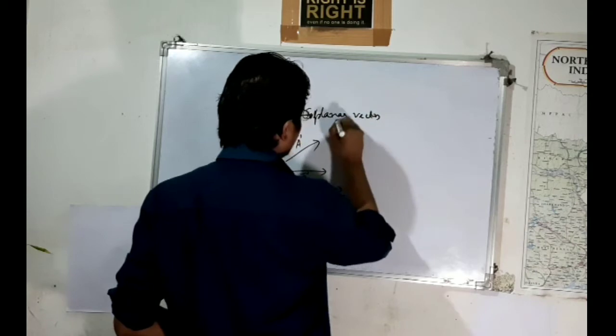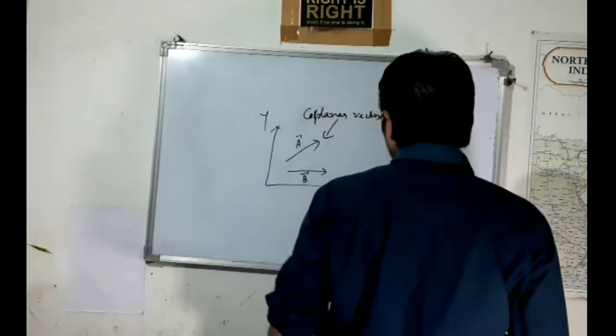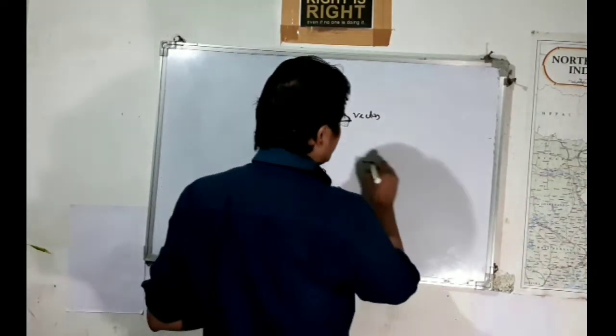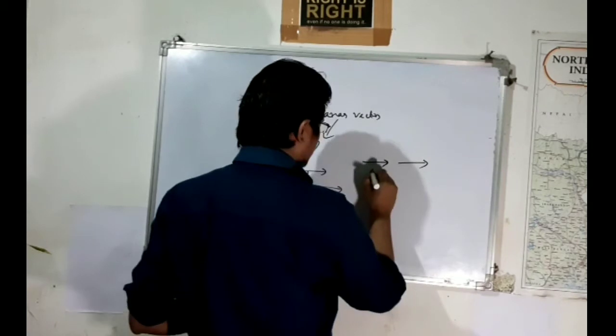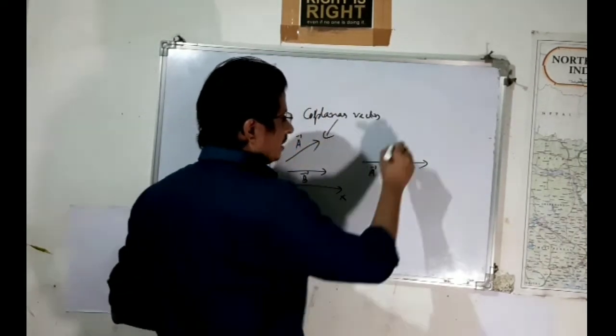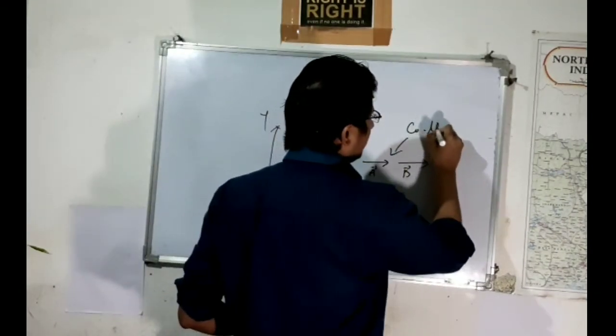Again, if two vectors lie in the same direction, then these kinds of vectors are known as collinear vectors.